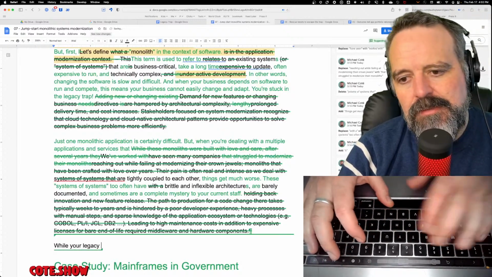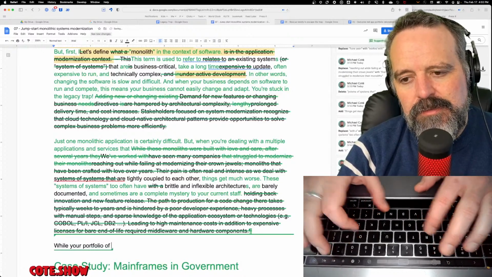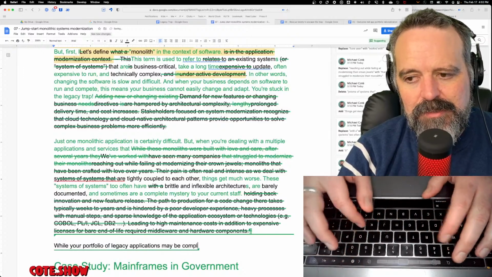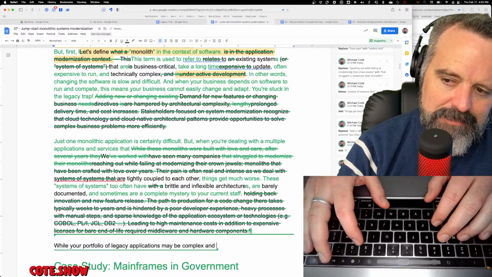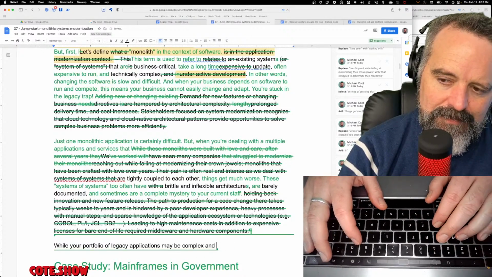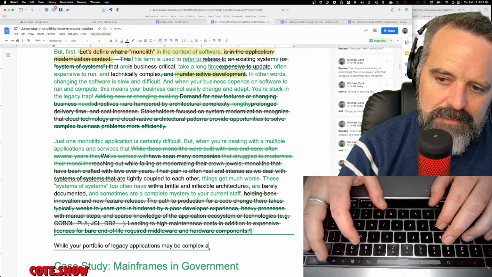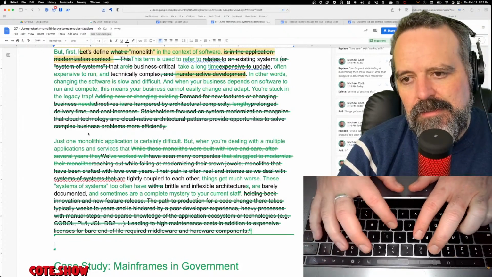Well, your portfolio of legacy applications may be complex, and teaming may be complex. Let's see.